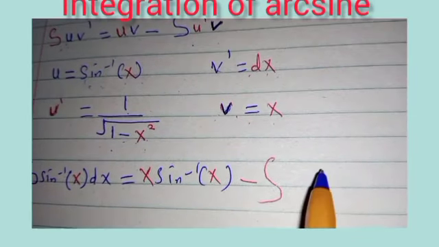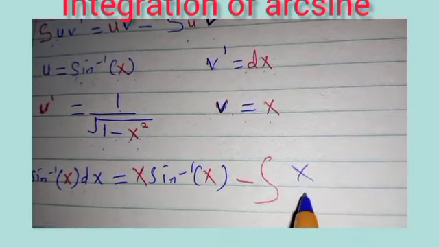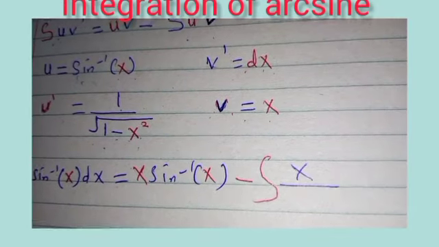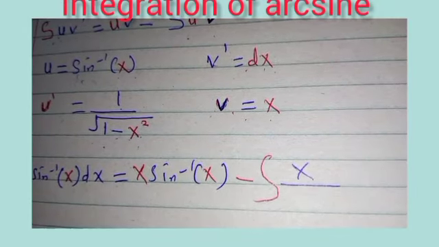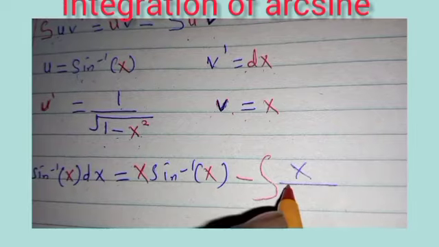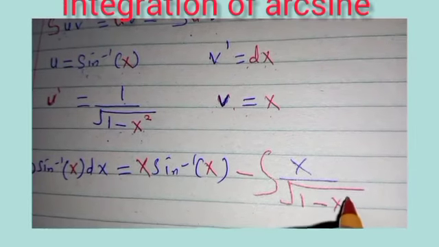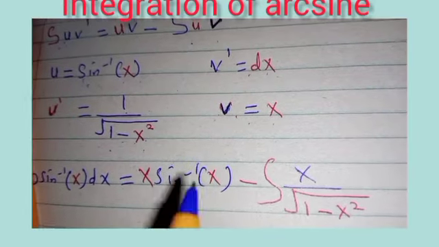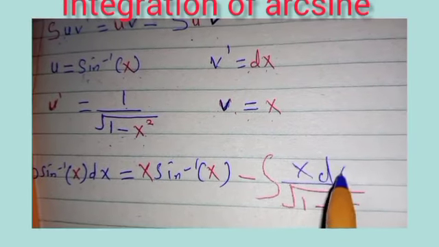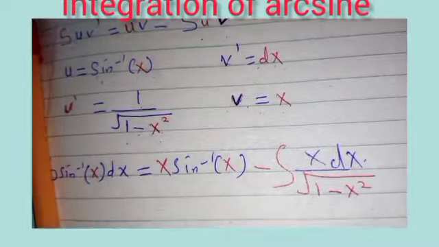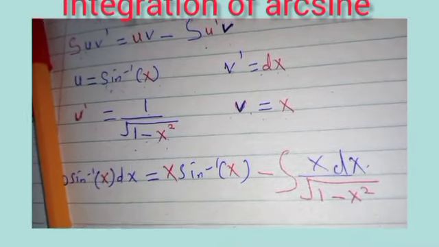V is x, so here you write your x divided by the square root of 1 minus x squared dx. Remember that it's just dx that way.